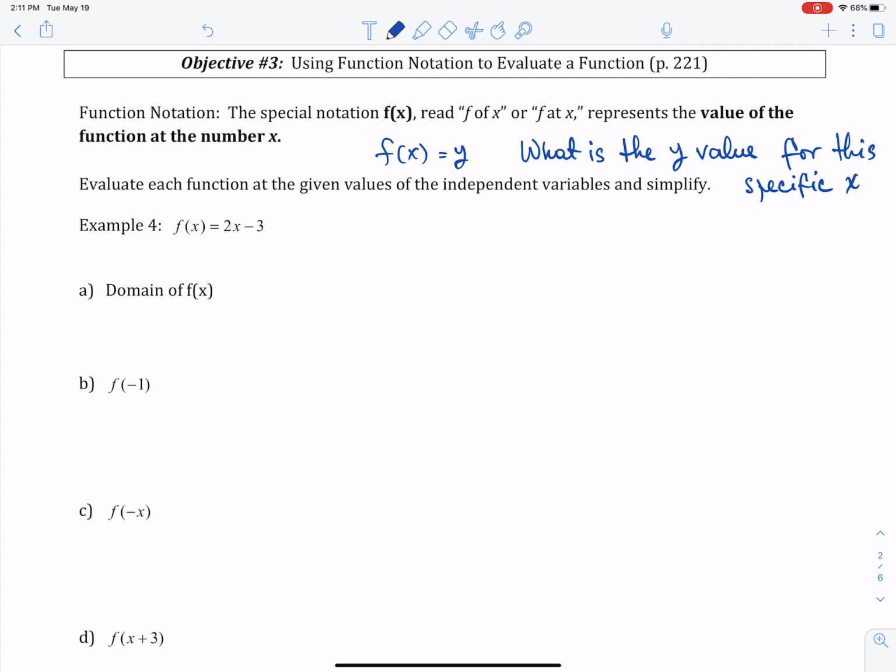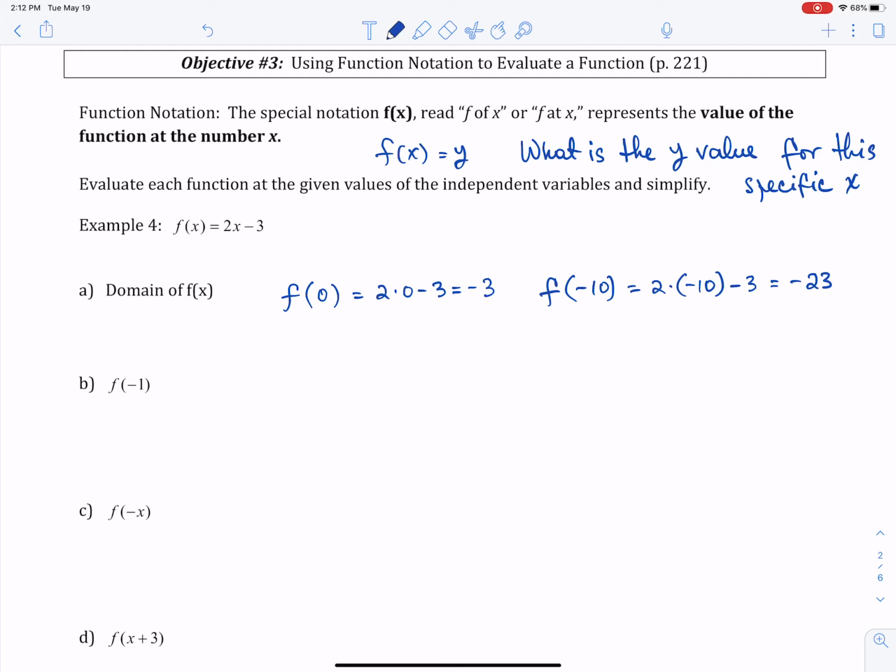Notice that in this question, which is a linear function, f of x is 2x minus 3. There is no problem plugging in any values. We can plug in f of 0, for example, because 2 times 0 minus 3 is equal to -3, or we can plug in f of negative numbers, let's say -10, 2 times -10 minus 3 is going to be -23.